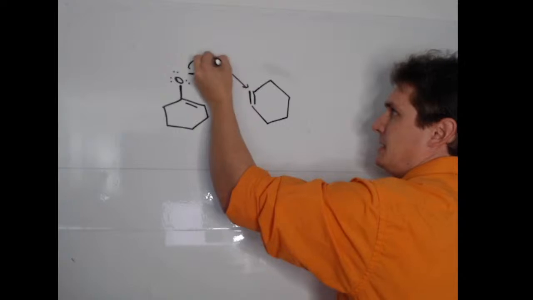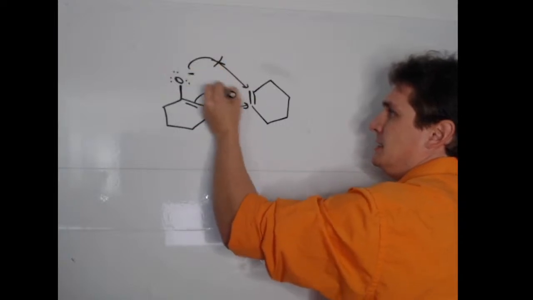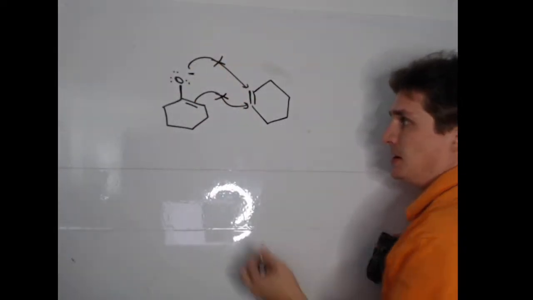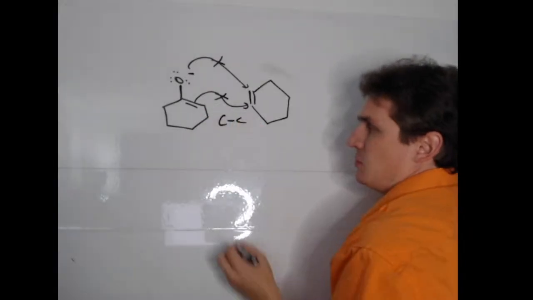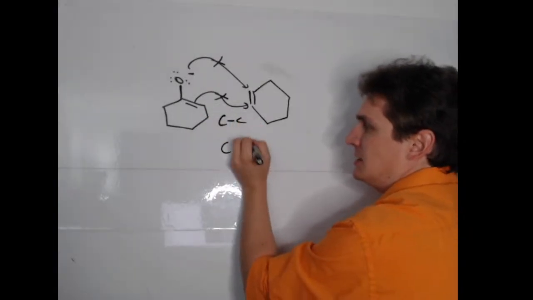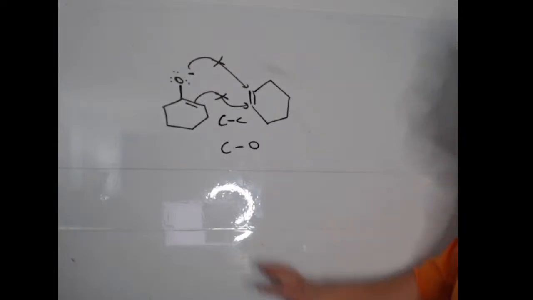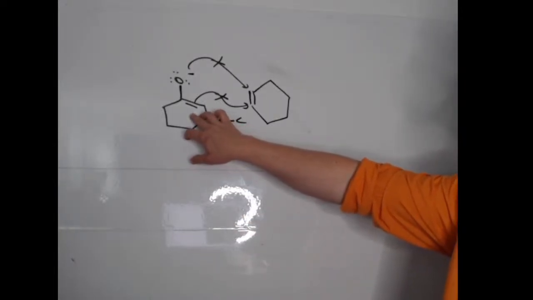But that does. It more just has to do with the stability of the bonds formed. Carbon-carbon coupling is a lot more stable than carbon-oxygen coupling. So I think it's more just driven by thermodynamics.